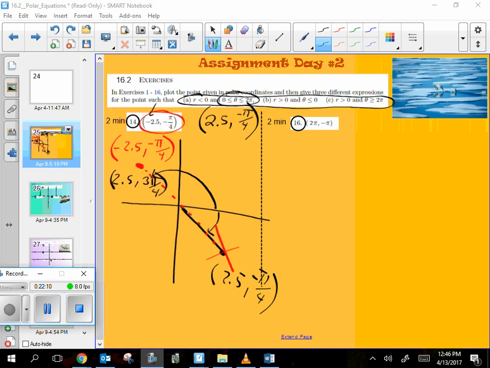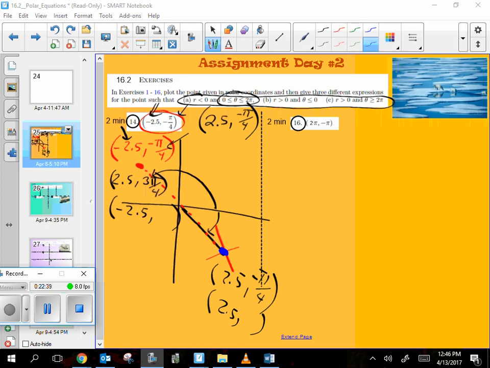And then you just got to figure out which kind we don't have. We have one with a negative r and a negative angle. That's the same one, that's a repeat. Sorry. And we need one with a negative r and a positive angle. Those come from here. I'd be thinking 2.5 comma, what's another way to say this with a positive angle?